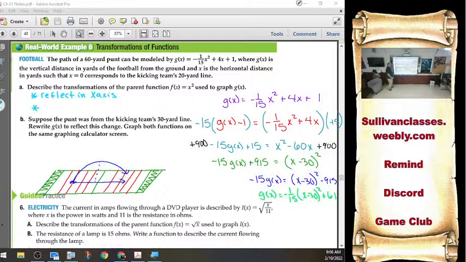That negative is attached to a 1/15, also in the A spot. Now you can say a dilation to cover all bases, or it would be a compression because it's less than 1. I'm cool with either one.